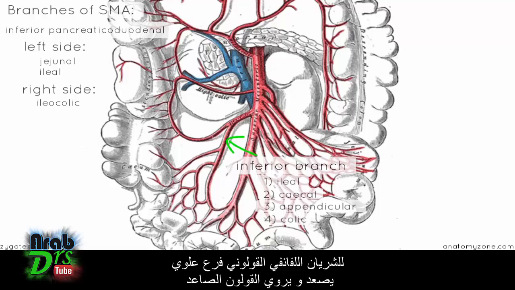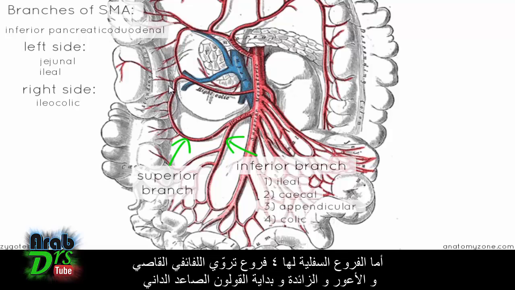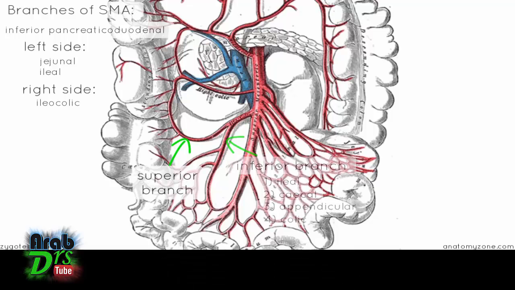So the iliocolic artery has a superior branch which ascends and supplies the ascending colon, but the inferior branch has four branches which supply the distal ileum, the cecum, the appendix, and the proximal ascending colon.